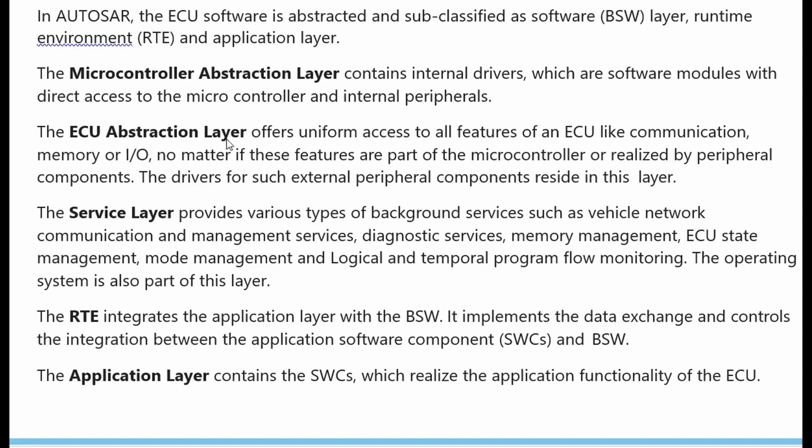You just see, the ECU abstraction layer offers uniform access to all features of an ECU like communication, memory, or IO, input and output, no matter if these features are part of the microcontroller or realized by peripheral components. The drivers for such external peripheral components reside in this layer only.